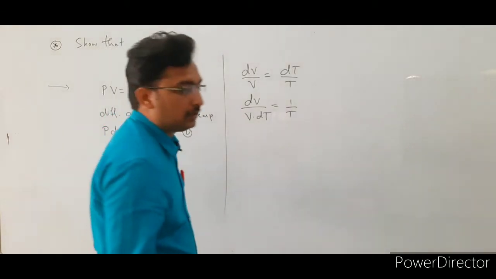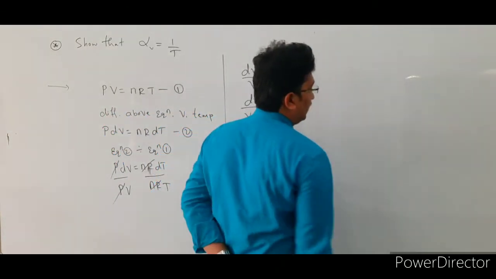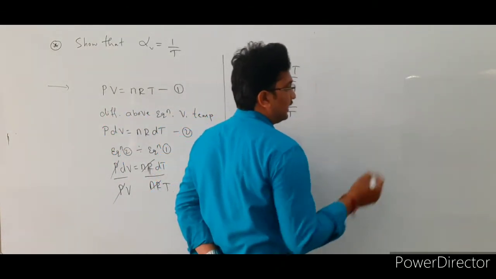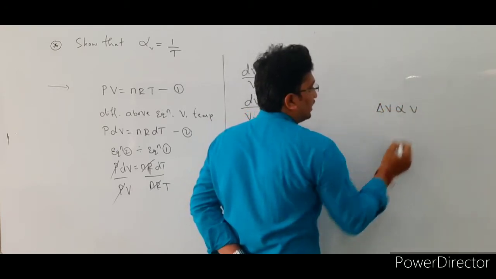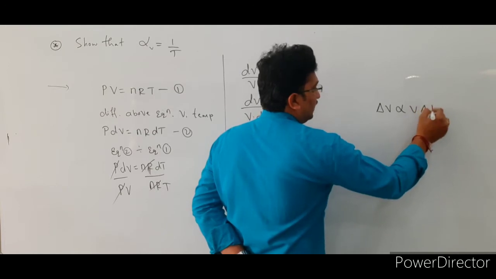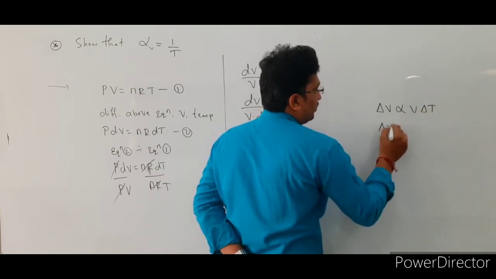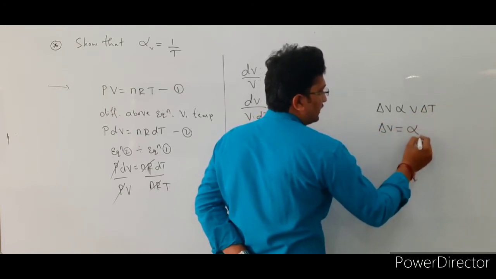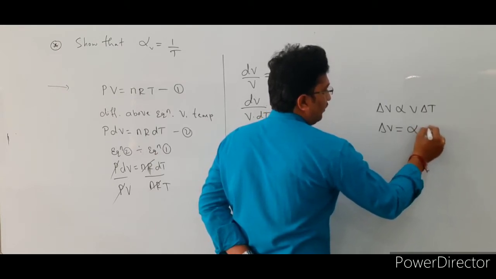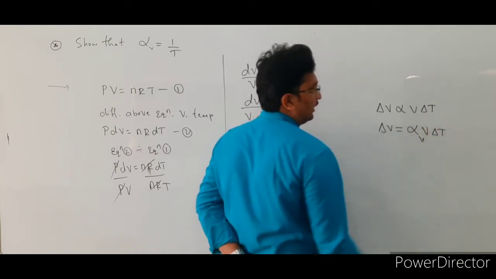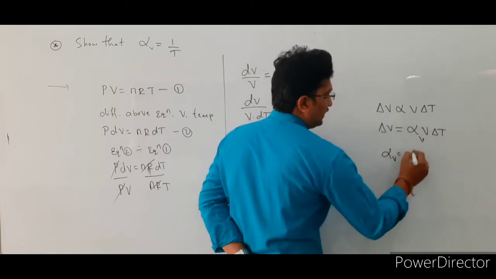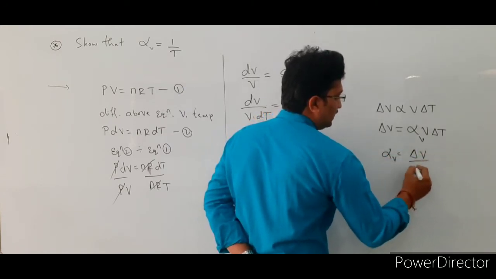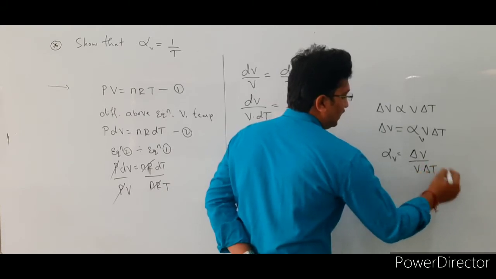We already know that in the expansion of a solid, a liquid, or a gas, the change in volume is directly proportional to the initial volume and the change in temperature. To remove this proportionality constant, we use the extra term alpha suffix V into change in temperature. So from this relation, alpha suffix V is equal to change in volume by initial volume into change in temperature.